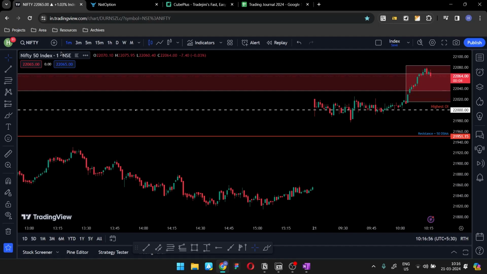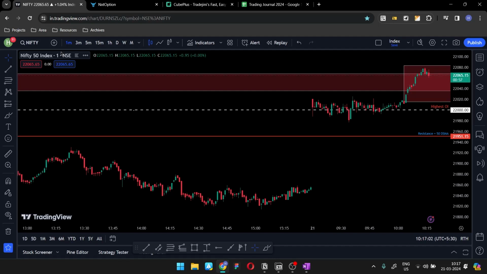Price is also an indicator. Second most important indicator is volume. These two are core indicators.